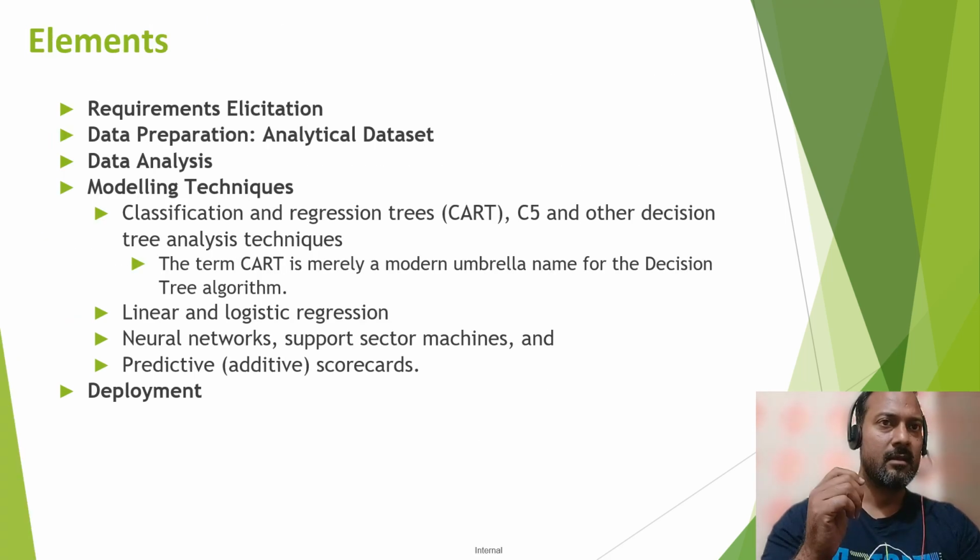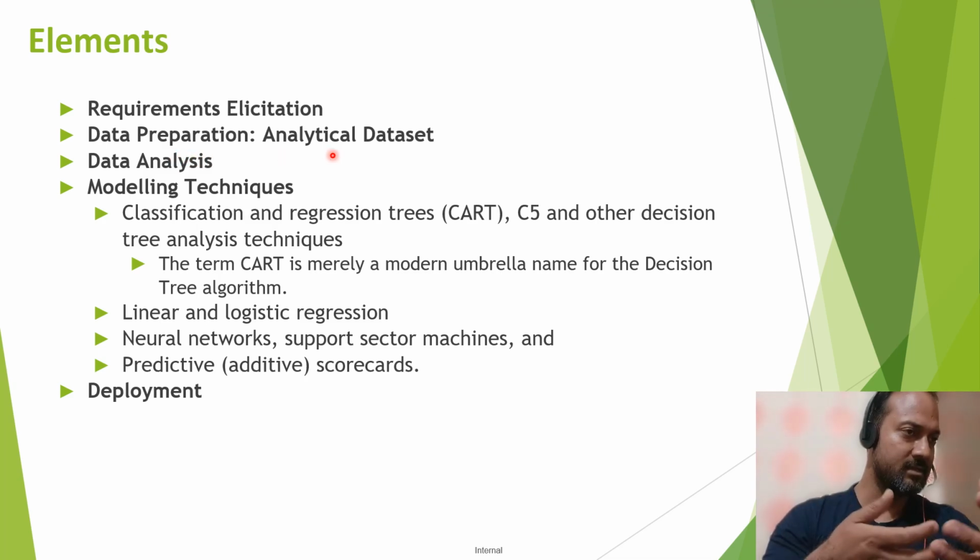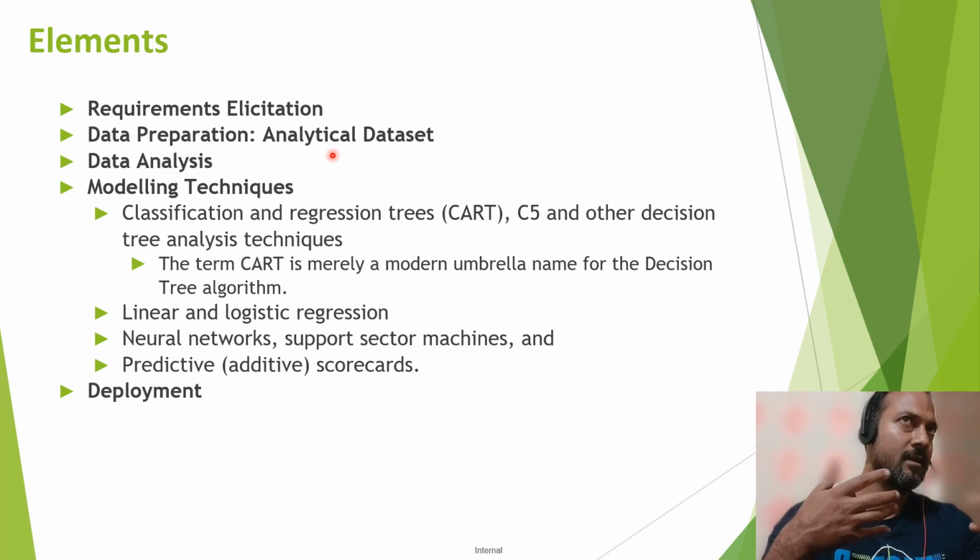Now, what are the elements in data mining? First is requirements elicitation. Obviously, whatever requirements we are eliciting depend on that. Then data preparation. For the data preparation, we try to analyze the data sets. We try to find out on what data to understand the sales.